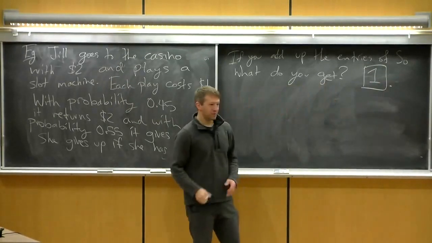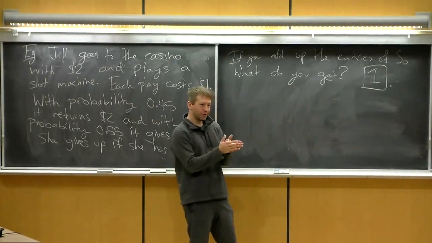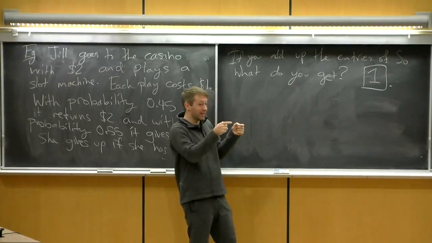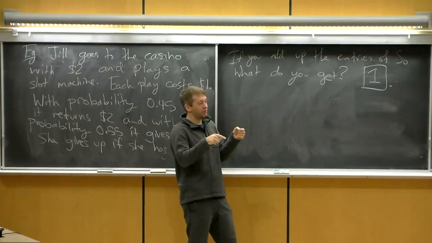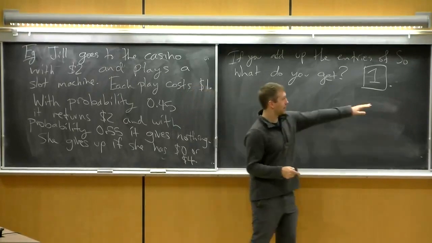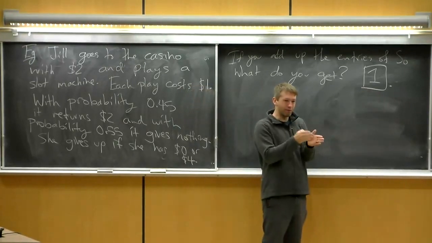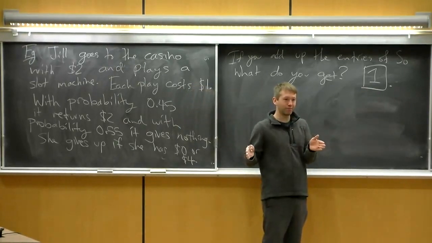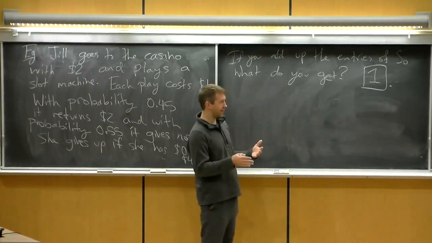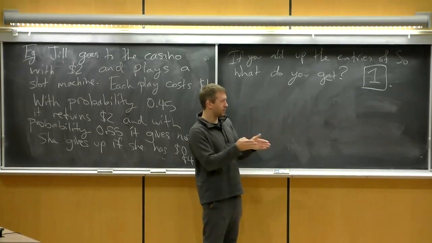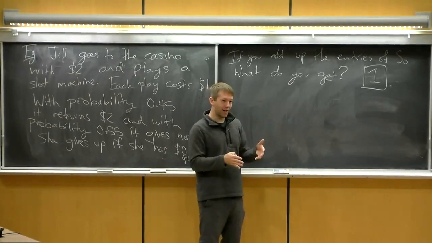Okay. So if you're setting up a Markov chain and your initial state matrix doesn't add up to 1, you've got a bit of a problem, because if you add up all the probabilities, they should add up to 1. There are k different states, each of them should have some probability, and they should add up to 1.